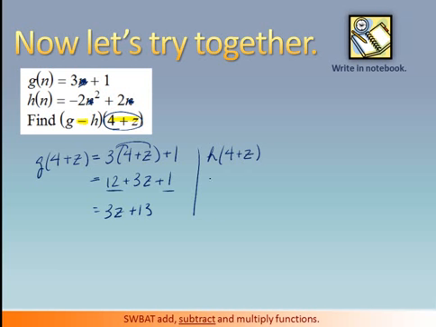So instead of 4 plus c, I'm going to write z plus 4. It's the same thing. So wherever I saw an n, I'm going to replace it with z plus 4, keeping everything else identical. Negative 2, parentheses, z plus 4, squared, plus 2 times the quantity, z plus 4.